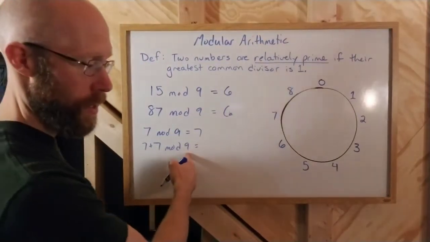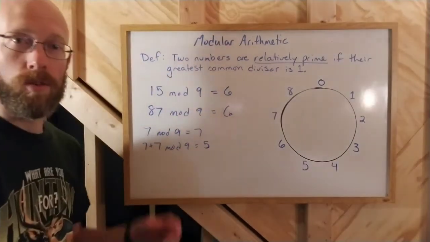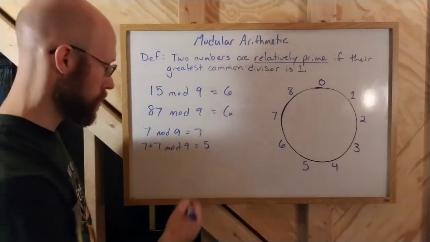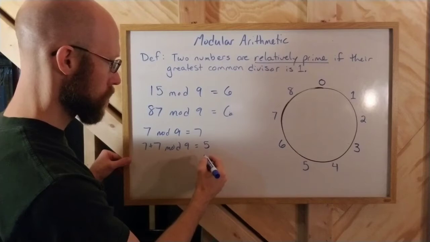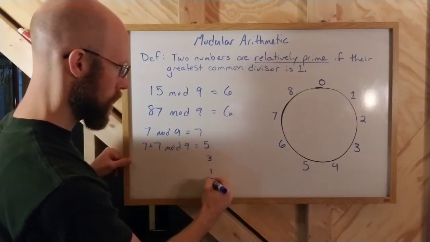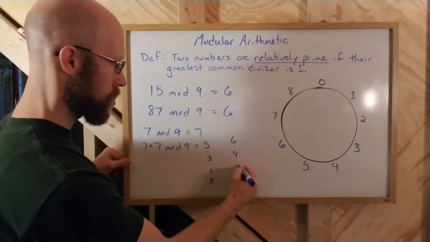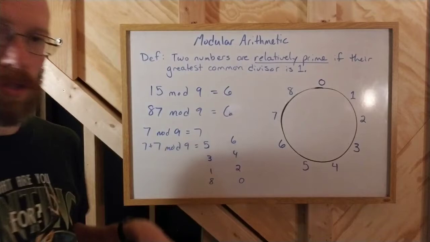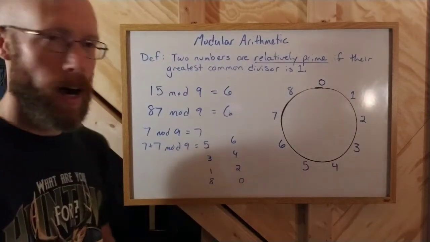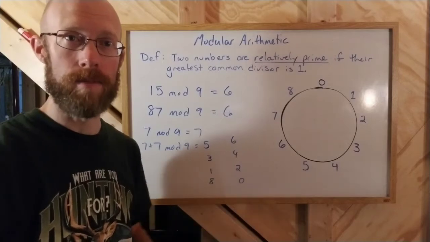Take out 9 and you get 5, right? And so you can keep making this. If you continue that pattern, you'll get 7, 5, 3, 1, 8. Then you get 6, then you get 4, then you get 2, and then you get back to 0 again. So you'll eventually hit everything on the list, okay? Just by repeatedly adding 7 in.